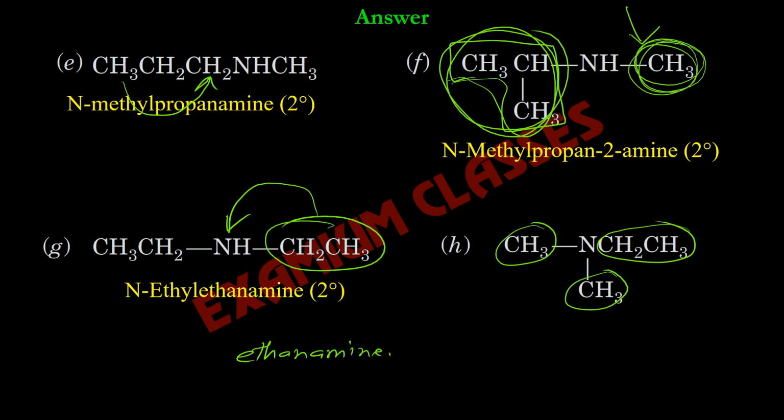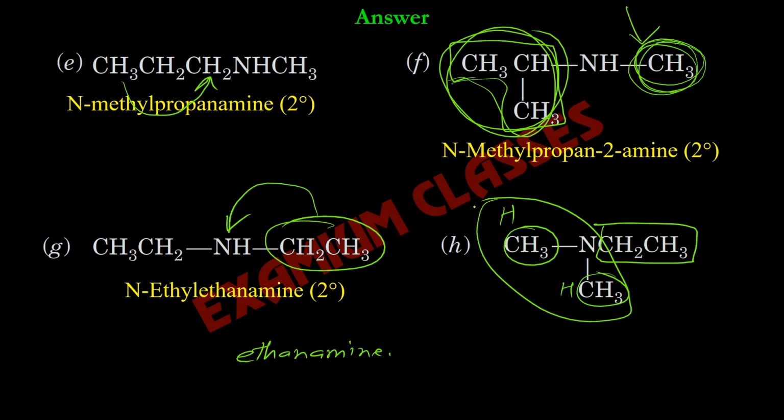Now, how do you name this one? Again, you will find the longest chain and all alkyl groups replaced by hydrogen. What you do? This is the longest chain. And if you replace these CH3 by hydrogen, this will become NH2. So it is ethanamine. Ethanamine with 2 methyl groups attached on nitrogen.